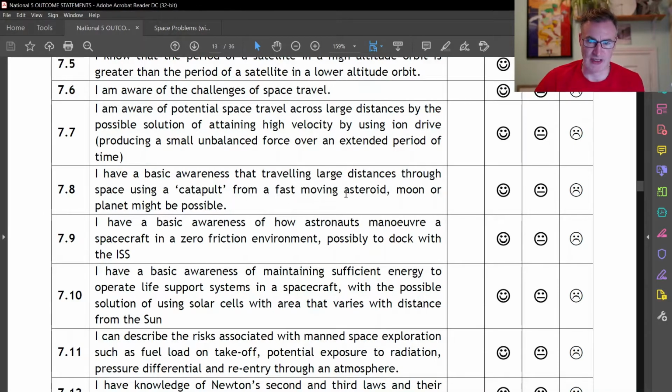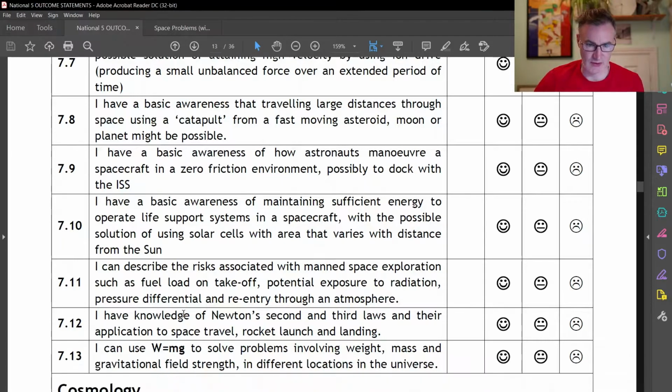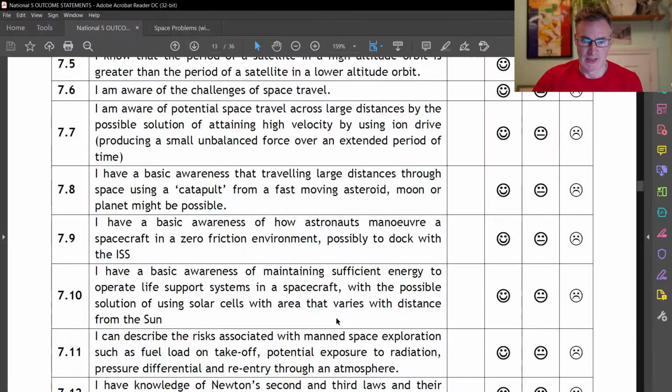Catapult from a planet, maneuver in 0G, sufficient energy for life support systems, risks of takeoff, knowledge of Newton's second law, and obviously your weight problems here.